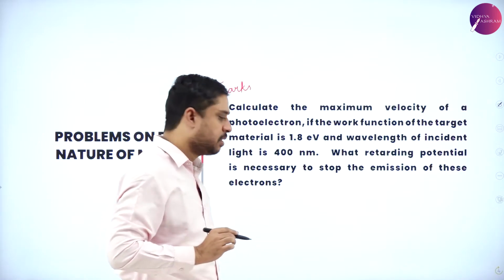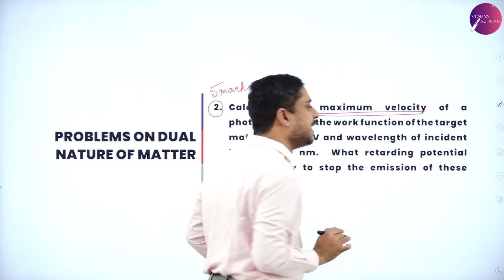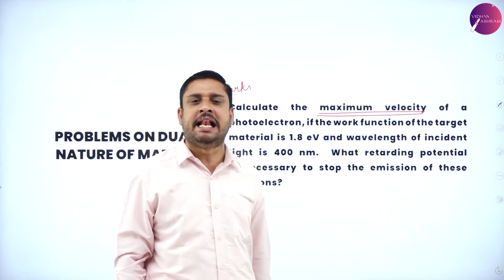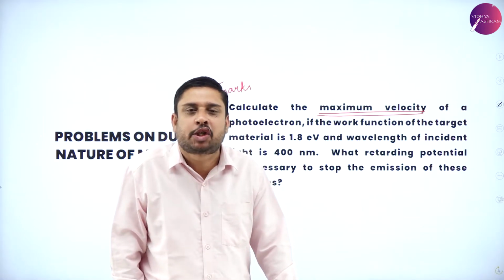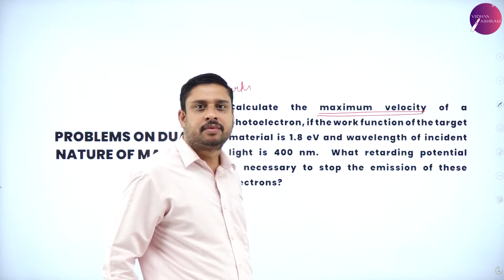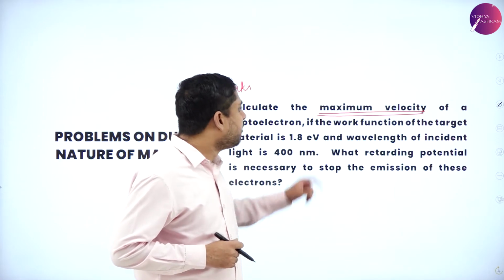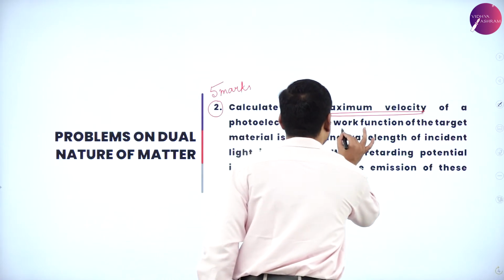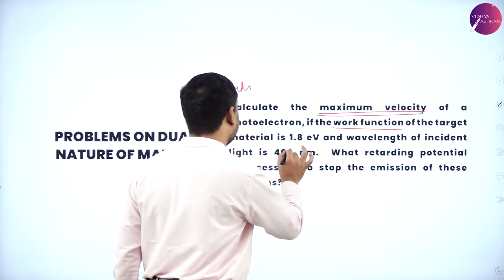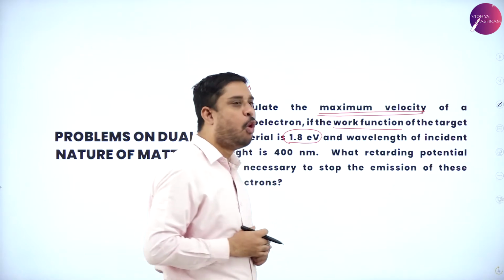Calculate the maximum velocity. The first line of the problem itself is to calculate the maximum velocity of a photoelectron if the work function of the target material is 1.8 electron volt.